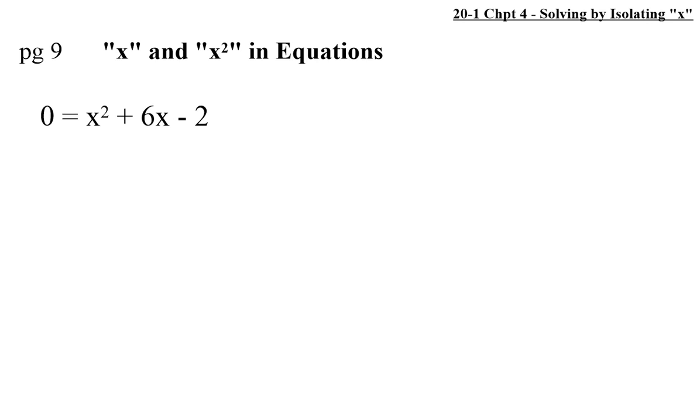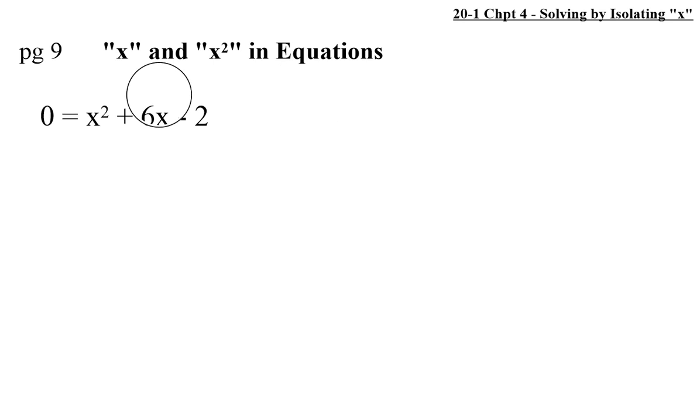So here we go. x squared plus 6x minus 2. Well, based on what we just talked about, if we take a look at this, are there two things to multiply to give negative 2, but add to give 6? Let me help you out. No. This one is not factorable with whole numbers, nice and easy.